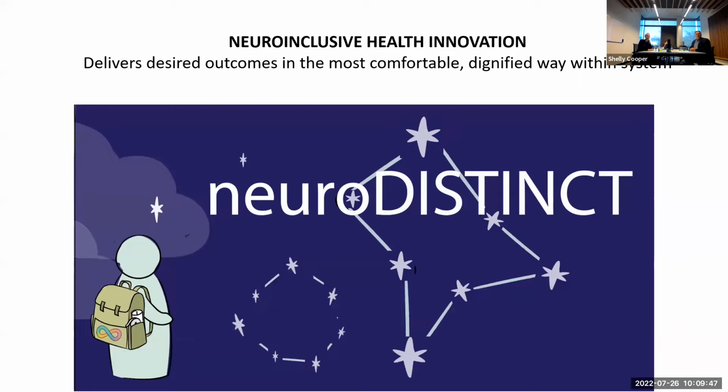Right. The thing to remember is that we're talking about health innovation, and the reason we're talking about neuroinclusive is that it is probably one of the ways we can get a great impact. When you're delivering healthcare in that care continuum, you are dealing with individuals on the best day or the worst day of their lives, and so there is an emotional arc involved.